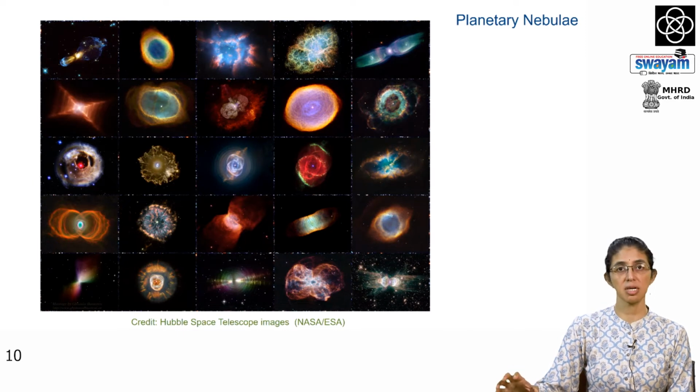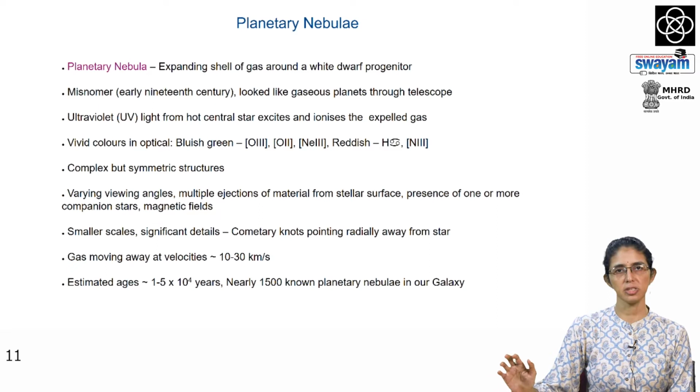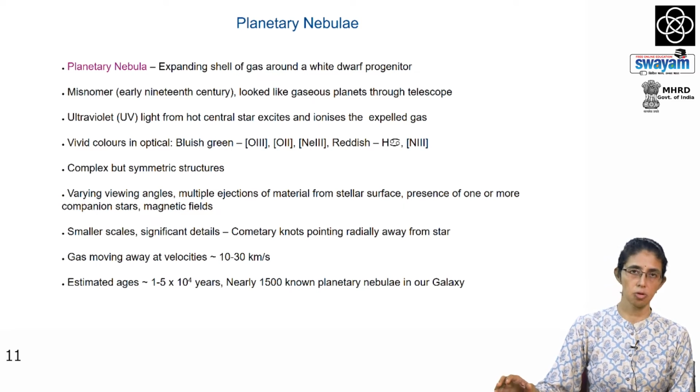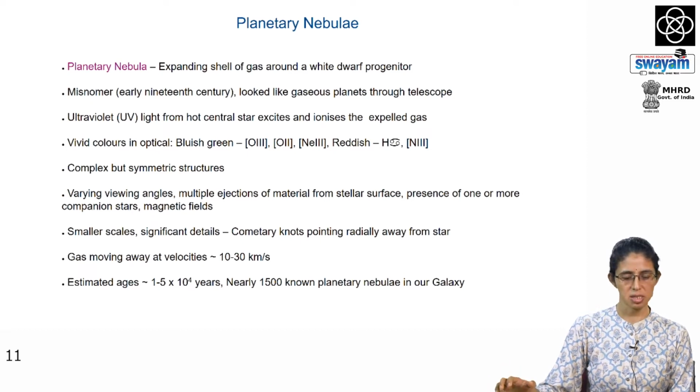These have very symmetrical structures, and there is a lot of work in trying to understand what gives rise to these complex symmetries. In many cases it is found that varying viewing angles and multiple ejections, not just one ejection of the envelope but multiple ejections from the stellar surface, could give rise to these symmetries. In addition, the presence of a binary companion or the presence of a magnetic field could also give rise to these complex symmetries.